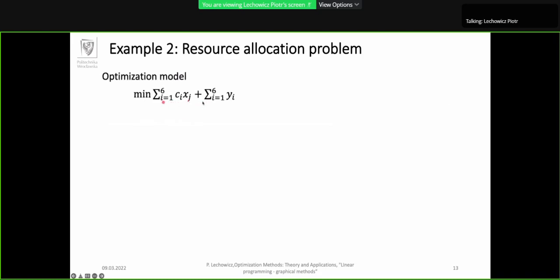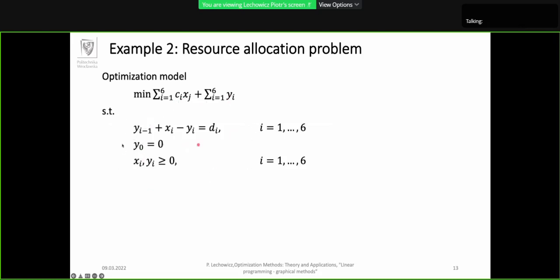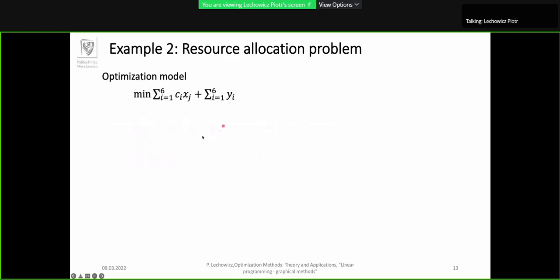We have to minimize over 6 months the cost of producing the windows and the cost of storing them in a warehouse, such that the following constraints are satisfied. So this is the production requirement for each month. The storage amount for the first month is equal to 0, and all the variables have to be greater than or equal to 0.